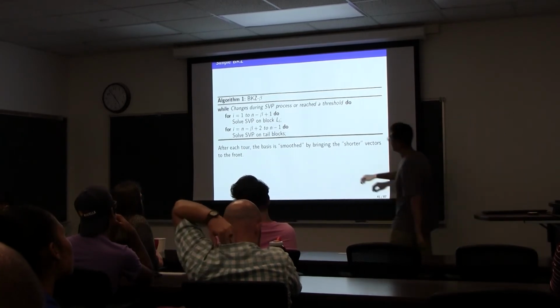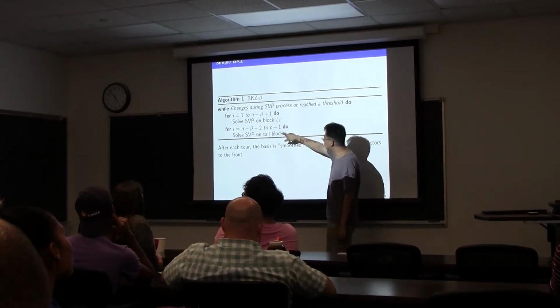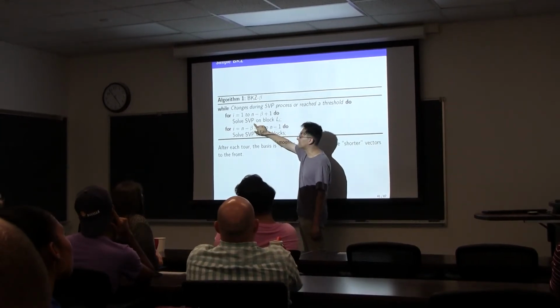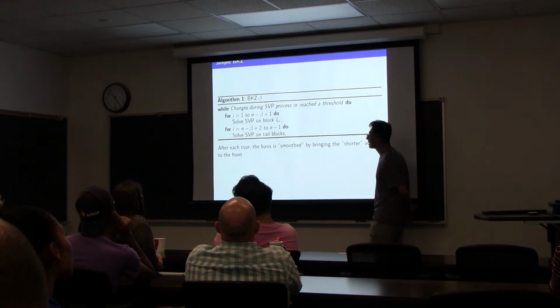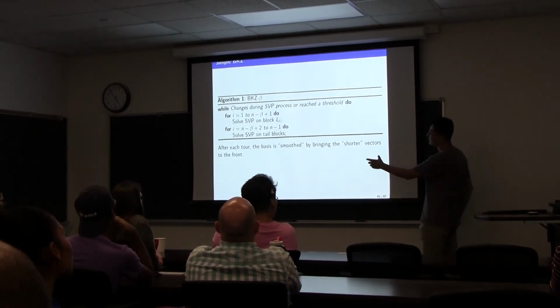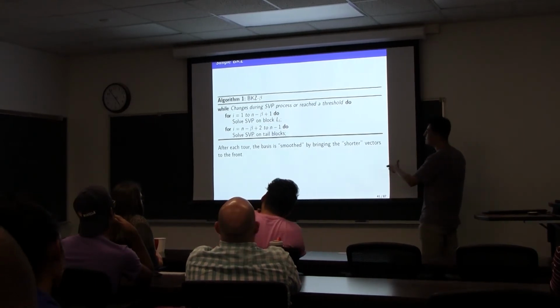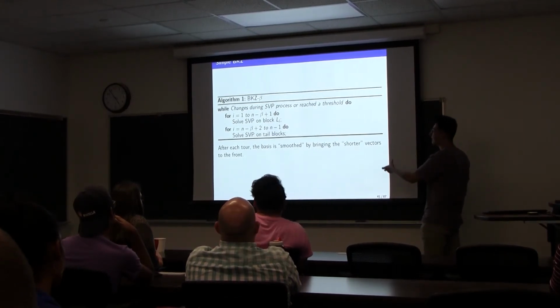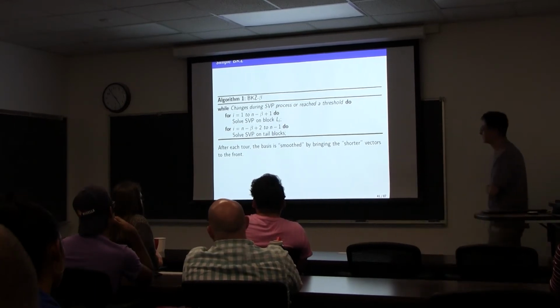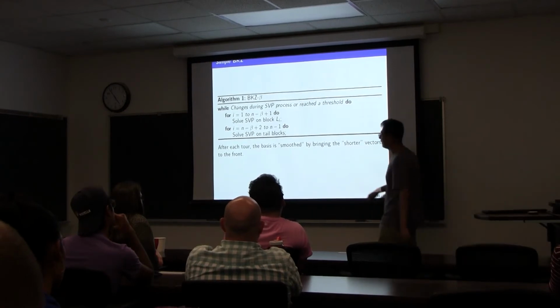To call a BKZ beta algorithm, essentially we are going to solve SVP1, which is exact SVP, in dimension beta, on each block of size beta, and then shift it to the next index.